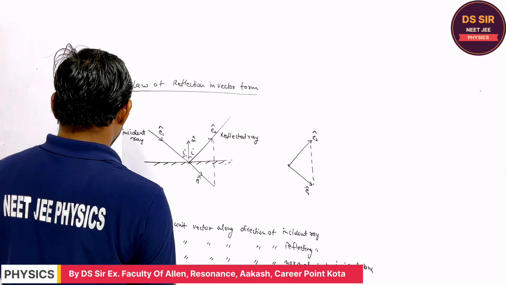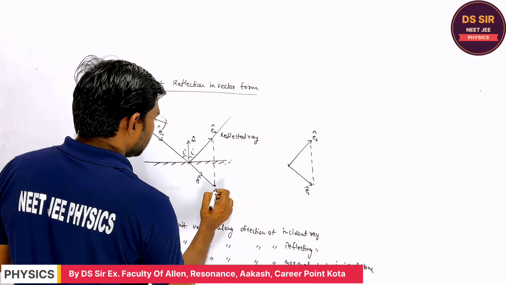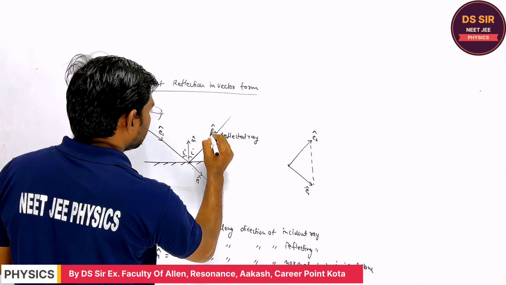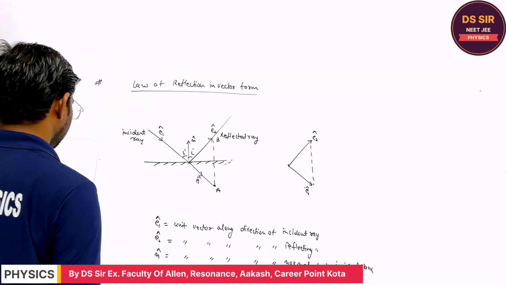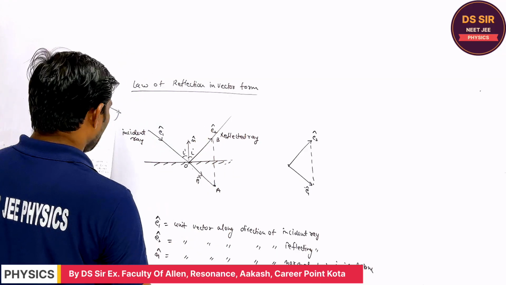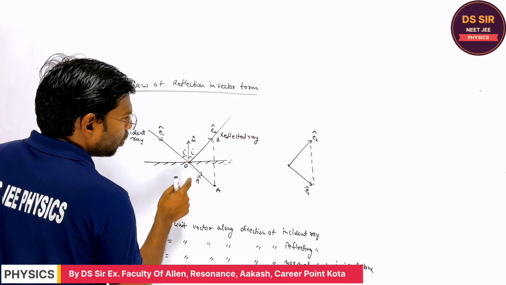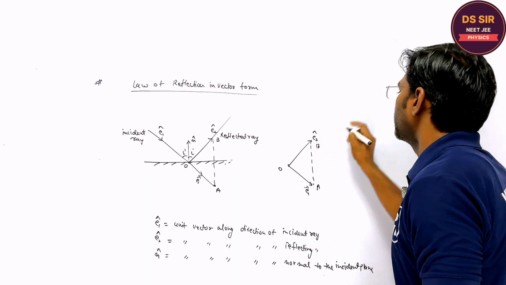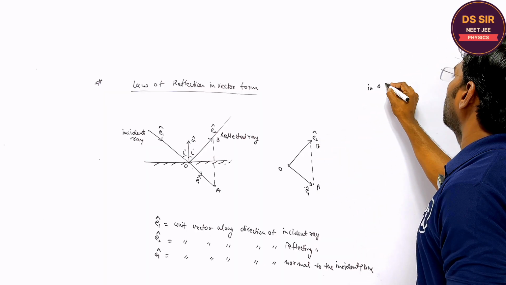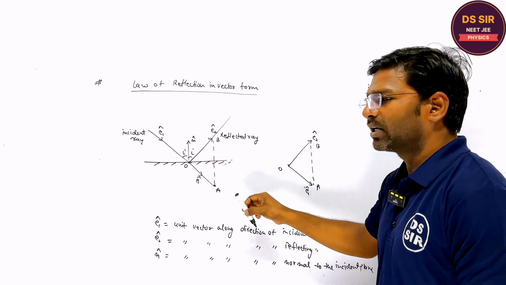Right. So one more thing, if you consider this is the line A, and B. Is it clear or not? So if you assume this is the O, then OA vector in this triangle OAB, what will you write according to the vector rule?